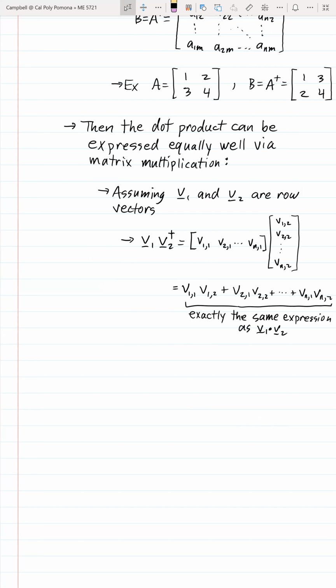So the two give us the same effect. And we can then say, tying this to the idea of matrix multiplication overall.